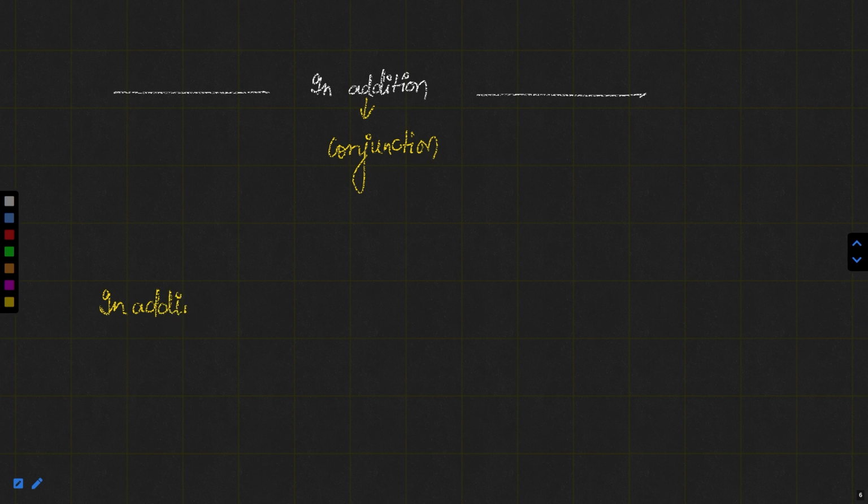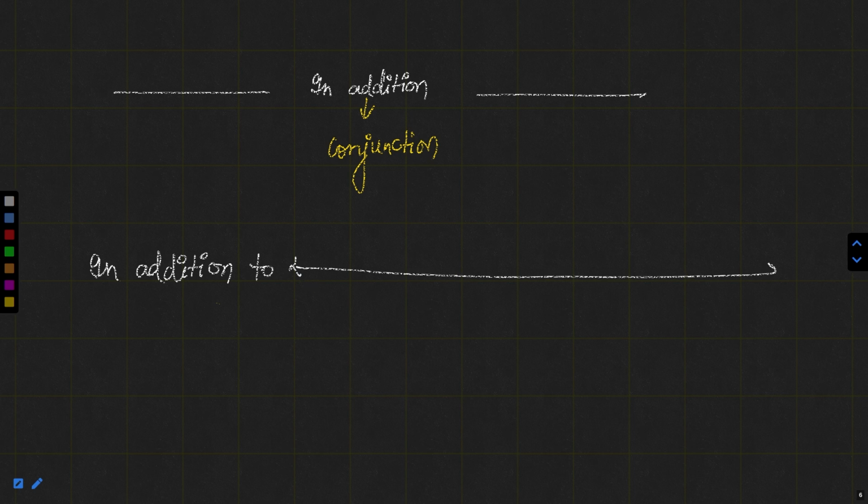Okay, "in addition to"... okay wait, I have written something wrong, let me clear this. So "in addition to" is generally used as a preposition, which is used to join a skill within the same sentence.